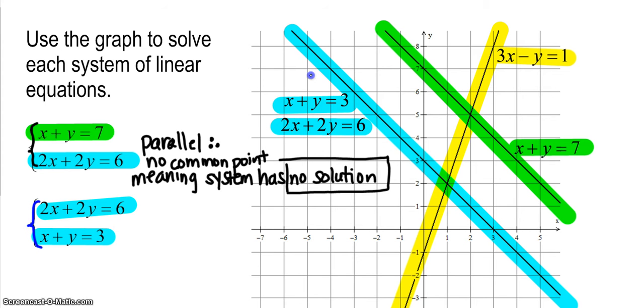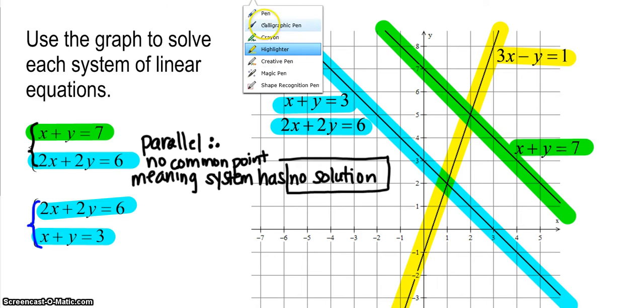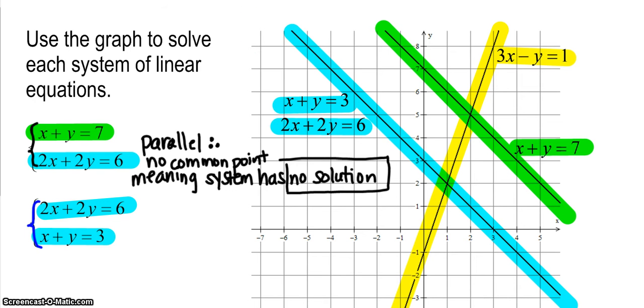So if I were to say what points do they have in common, what points do they both share, I think it's fairly evident that they share all of their points. So this is the same line. We call that coinciding lines. They coincide with one another.